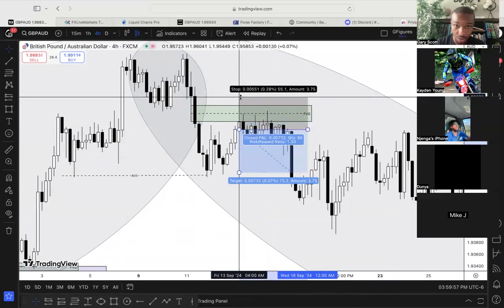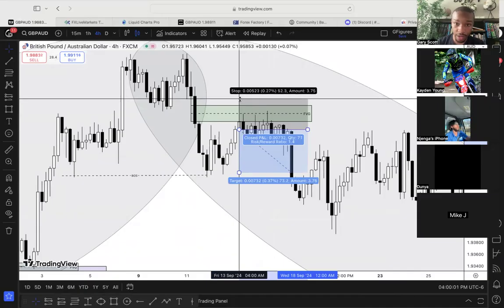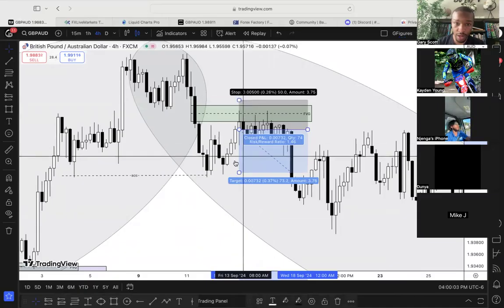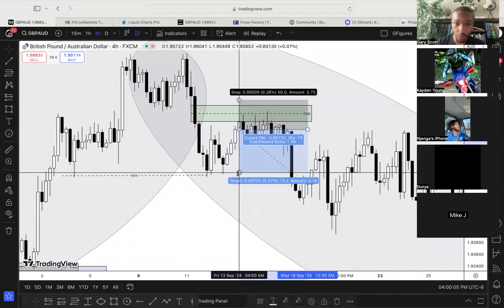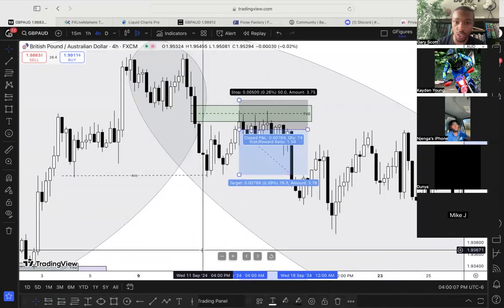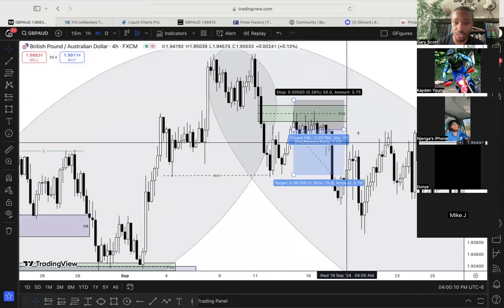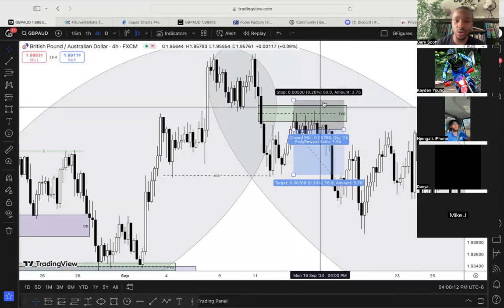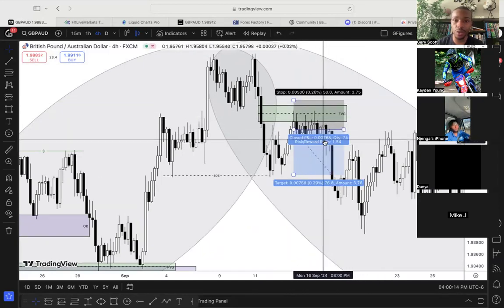We have our SL above our area of value, and then we're taking the trade back towards the low. This allows you to still have a great risk to reward ratio and still be able to make more money than you actually lose.